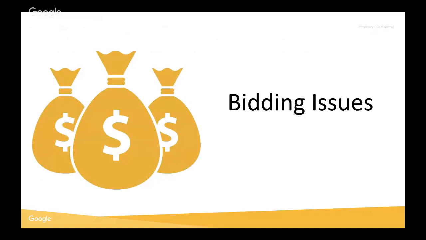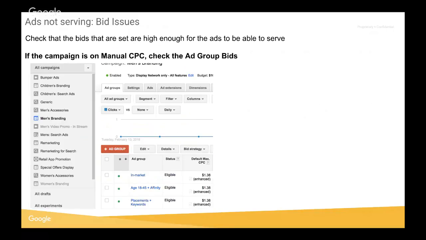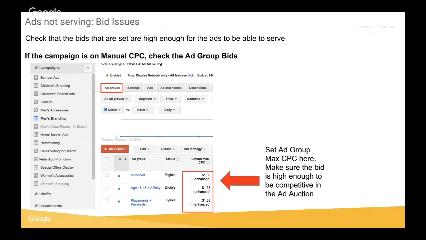Bidding issues. This can also cause ads to not serve. Check bids for ads to be high enough. Essentially, if the campaign is manual CPC, bids are being read from the ad group level. If the bids in the ad group are too low, then the ads will not serve. Make sure it's high enough to be competitive.